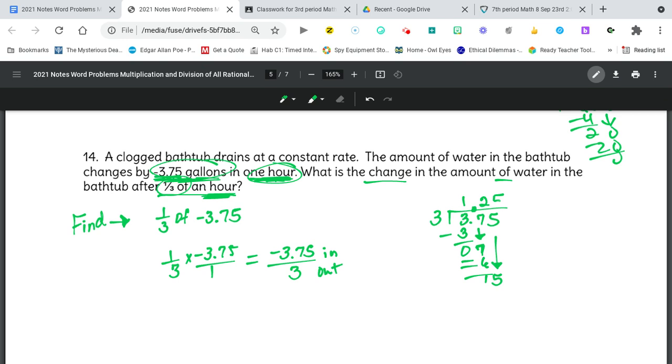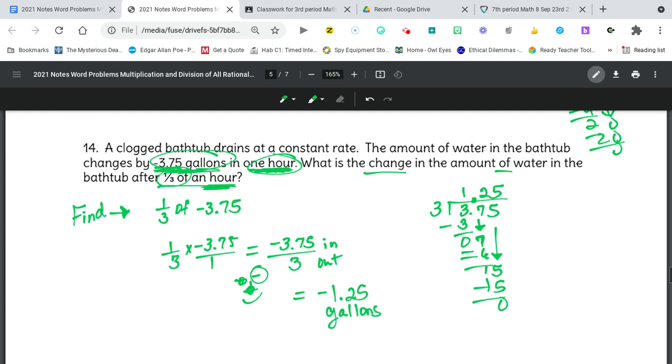And 3 goes into 15 5 times. And pick the sign. You got a negative divided by a positive. So my answer is negative 1.25 gallons in 1/3 of an hour, okay?